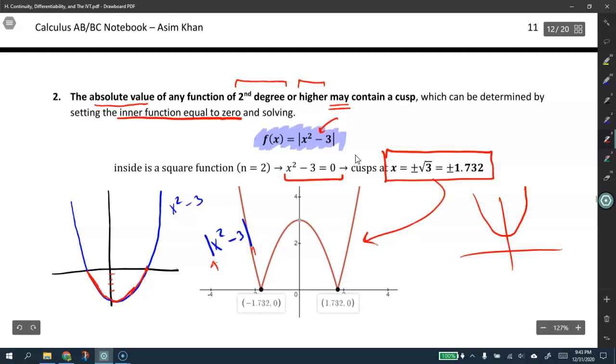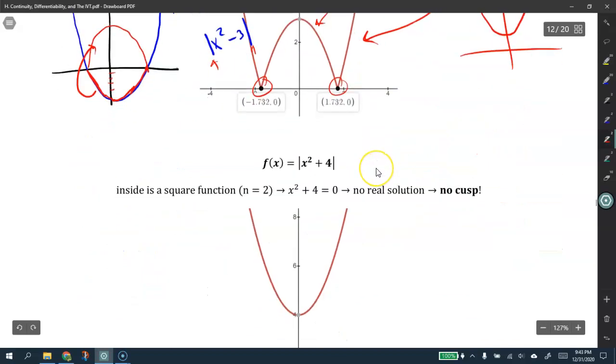So that part reflects to the top, and it looks like this over here. That's why you're looking at a graph that kind of looks like a parabola, but it's been flipped up in a weird kind of way. Using this technique, you can tell where the cusps are, and the AP exam doesn't ask you exactly where, but it helps to know things at such a good level.